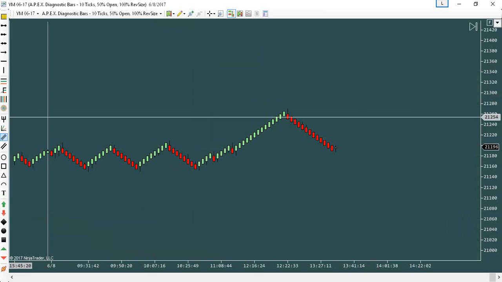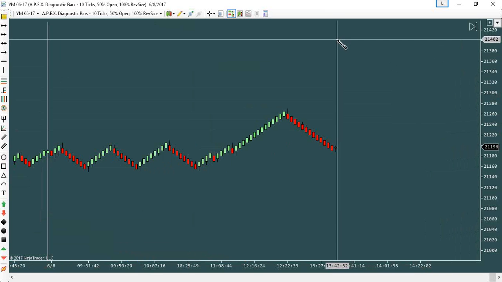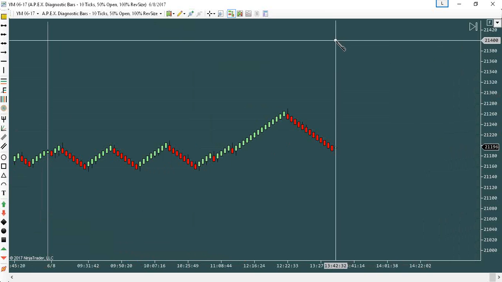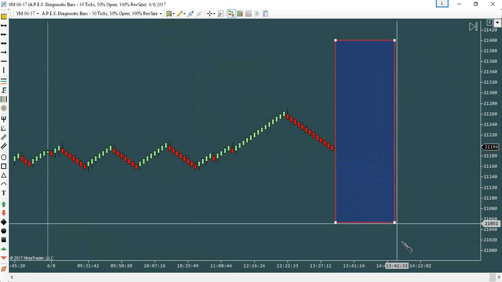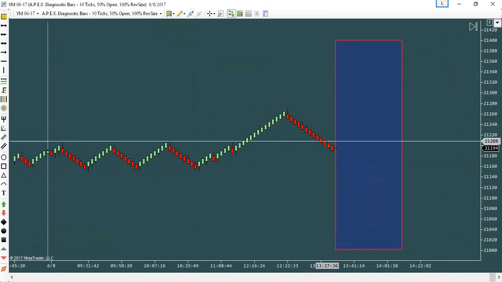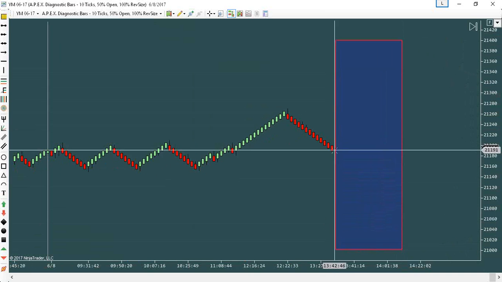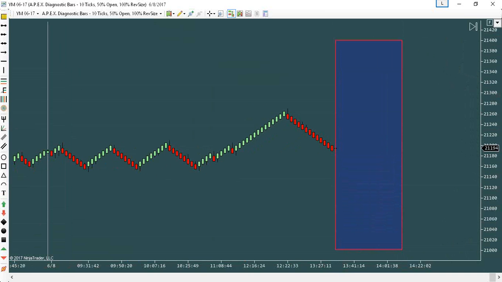So we're at 21,400, okay, and 21,000. So this is the spread here that if I got into it, I'd have to put up $197, right?